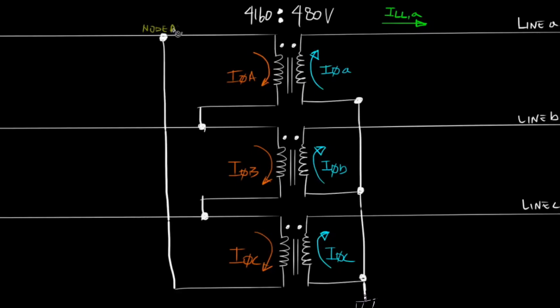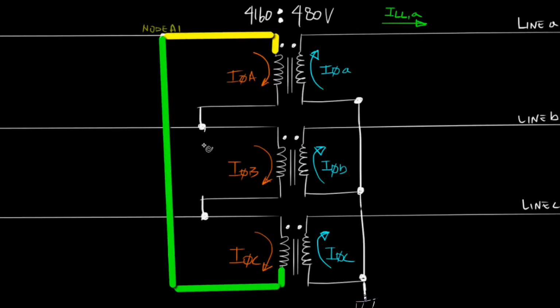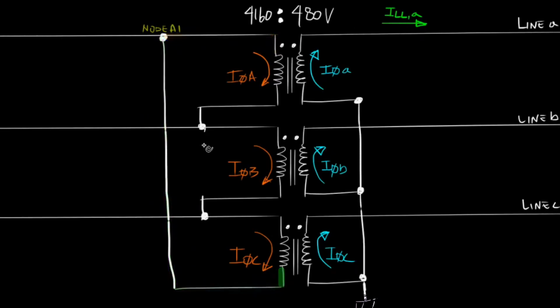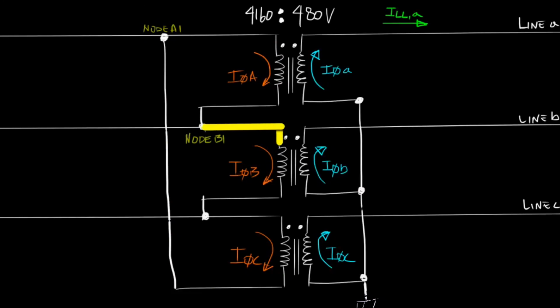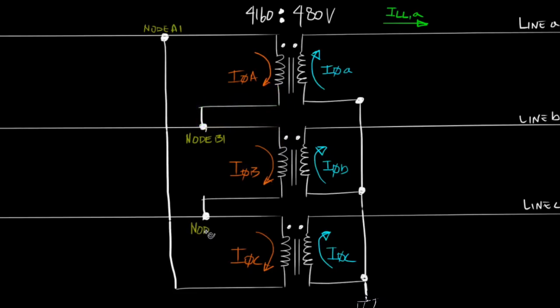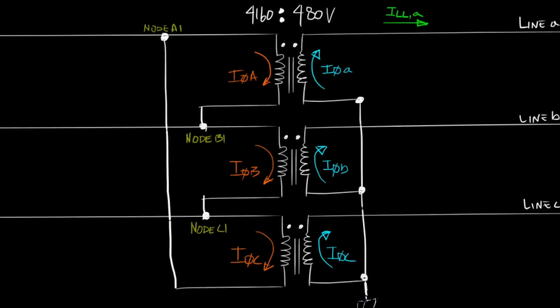We will call node A1 the node that connects the polarity side of winding A and the non-polarity side of winding C. We'll call node B1 the node that connects the polarity side of winding B and the non-polarity side of winding A. And lastly, we'll call node C1 the node that connects the polarity side of winding C and the non-polarity side of winding B.